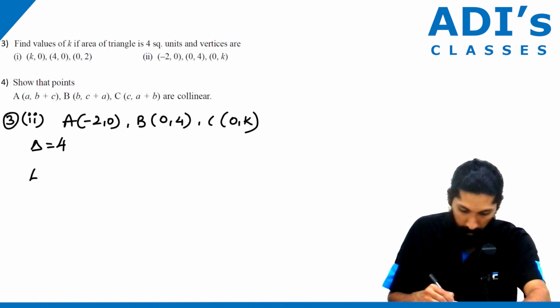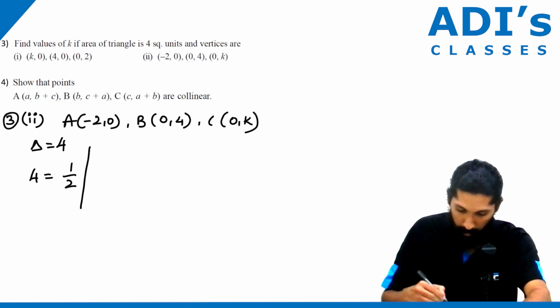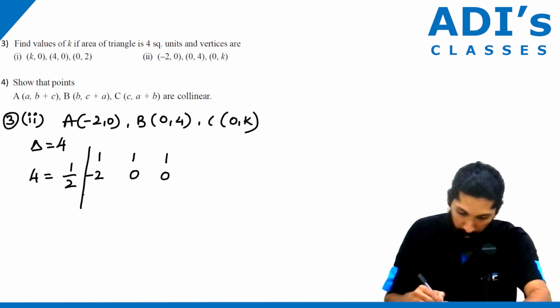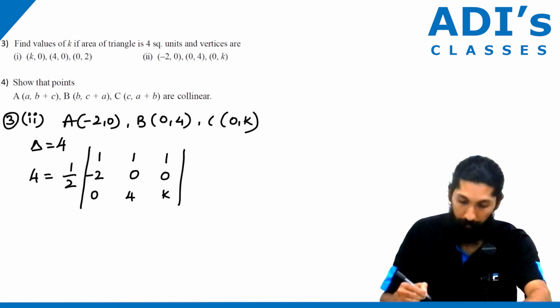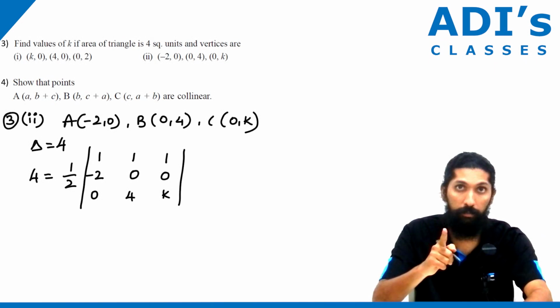So you have 4 is equal to half determinant of [-2, 1, 1; 1, -2, 0; 0, 0, 4, k]. Again, you can expand with the second row, first element.